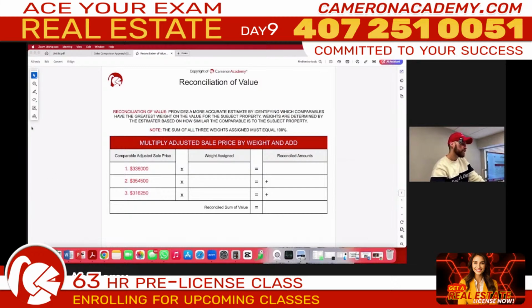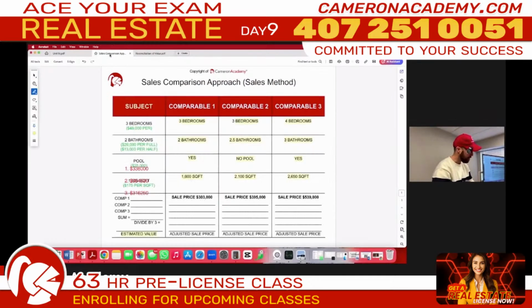Now, let me ask you a question. Out of those three comparables, the recent sales of similar properties that we found within the surrounding area, which one out of these three was the most similar to the subject property? Which one did we have to change the least? 1, 2, or 3? It was number one, obviously.